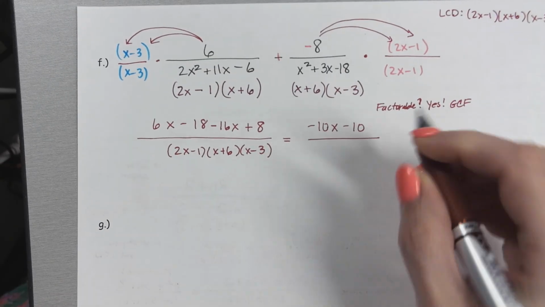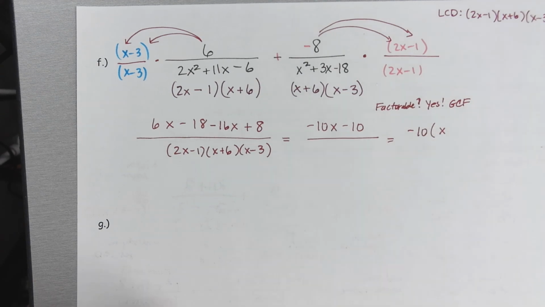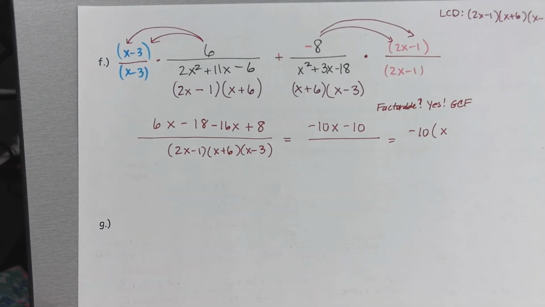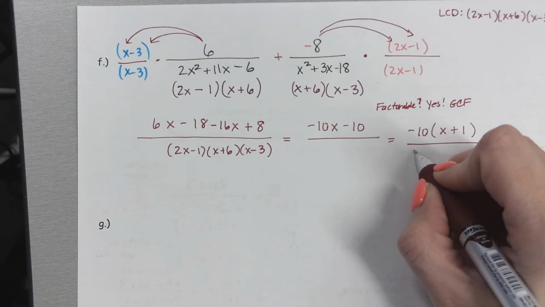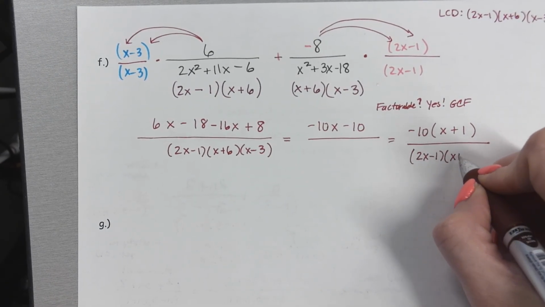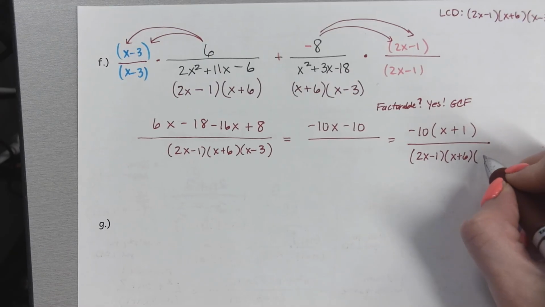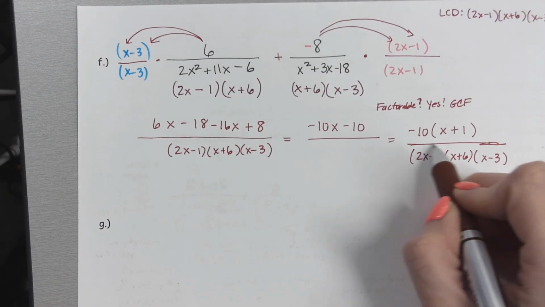So you got to take out the GCF. So if you take out -10, this becomes x, and then what else? Plus 1. Now, if you could divide out one of the factors, it would only be at this last step, okay?